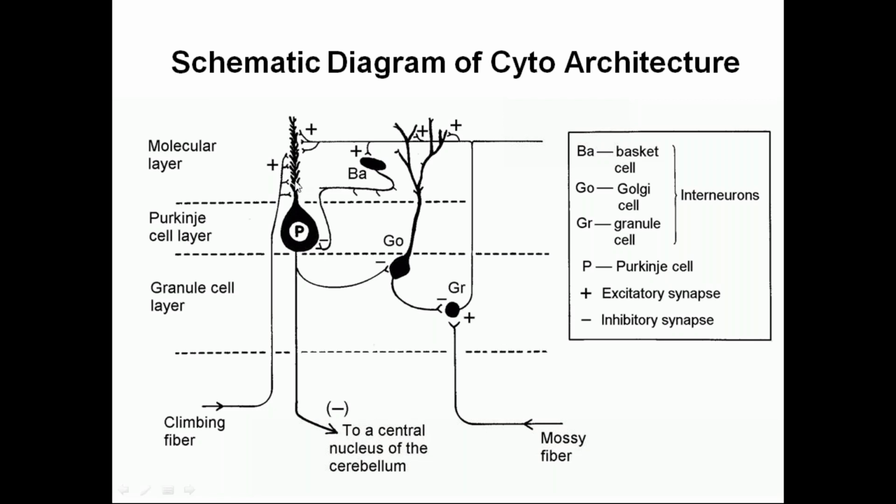It gives dendrites going towards the molecular layer: a primary, secondary, and then tertiary dendrites, which divide and give rise to dendritic spines. From the base of the Purkinje cell, the axon comes down, goes through the granular layer into the white matter and connects with the deep-seated nuclei of the cerebellum.